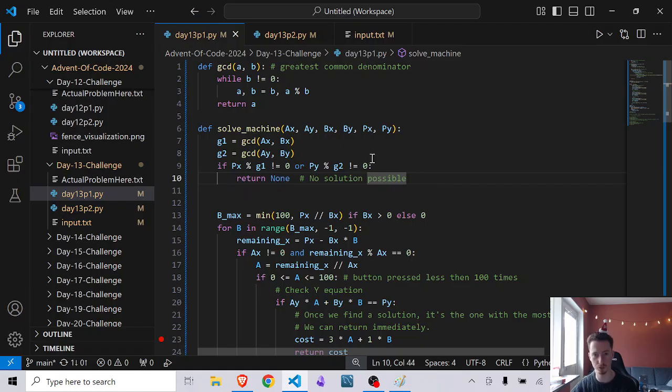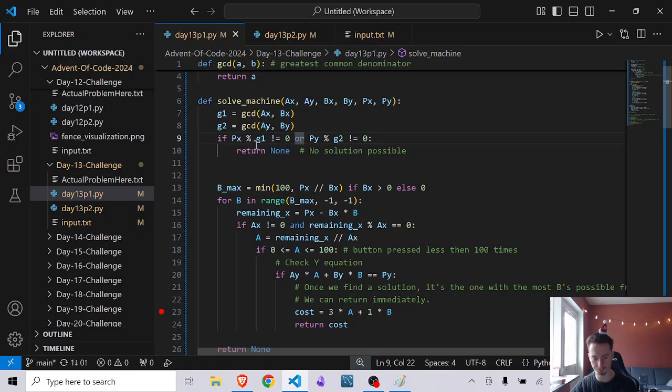So what we want to do is to push the button entirely. We can't push it halfway or some fraction. So then we just know that it is not possible. So we just check this directly. And we check it with G1 and G2, which is the X and the Y coordinates, of course.